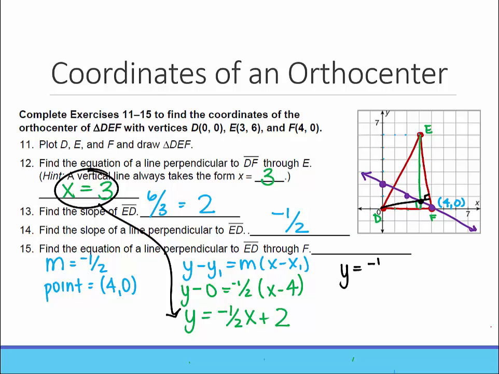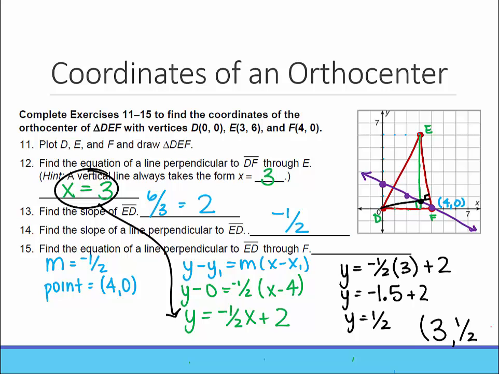So we have y equals negative 1/2 times the 3 plus 2. Negative 1/2 times 3 is negative 1.5. And if we add 2, we end up with 1/2, or 0.5. So this point where they cross here is when x equals 3, y equals 1/2. So this point is my orthocenter. We'll do lots of practice with this in class.